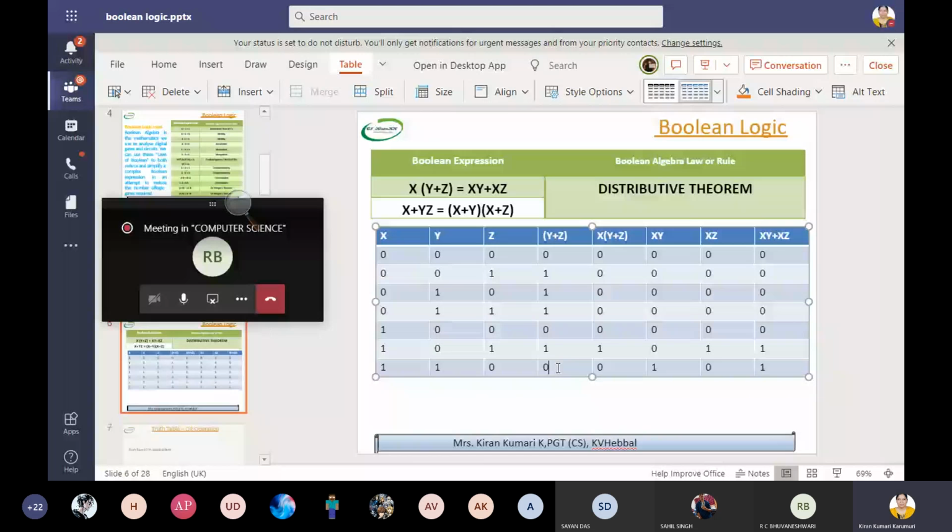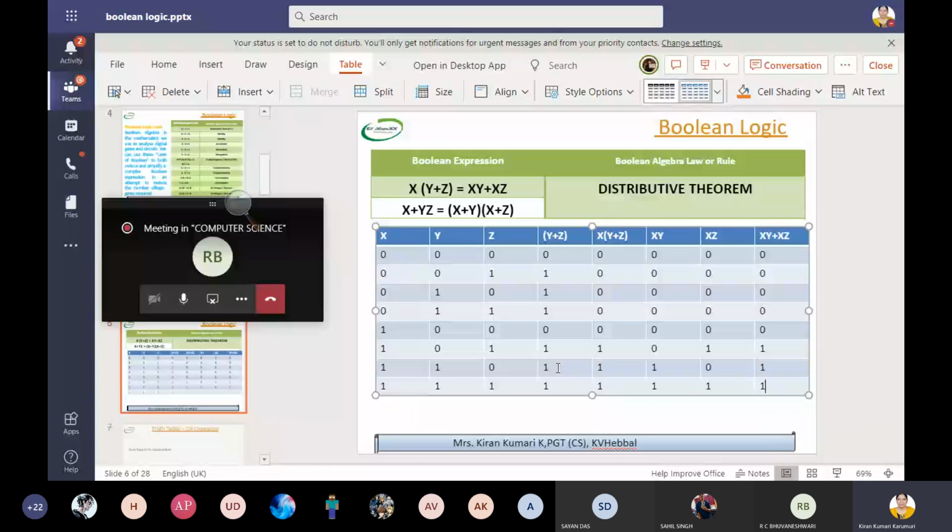X and y plus z also 1. Xy is 1. Xz is 0. 1 plus 0 is 1. Y plus z is 1. X and y plus z is 1. Xy is 1. Xz is 1. Xy plus xz is 1.